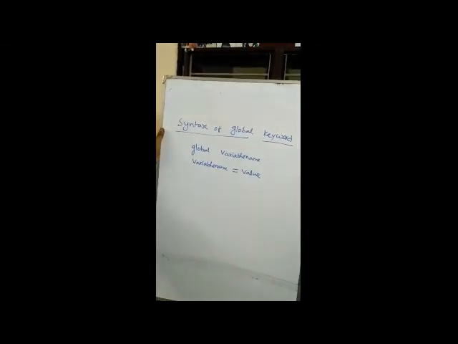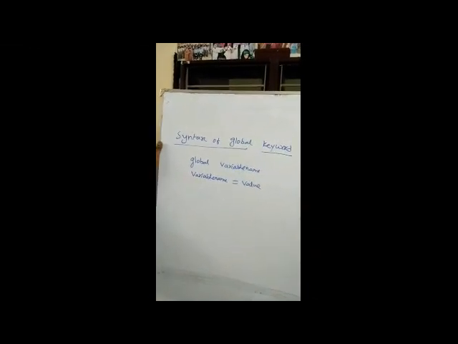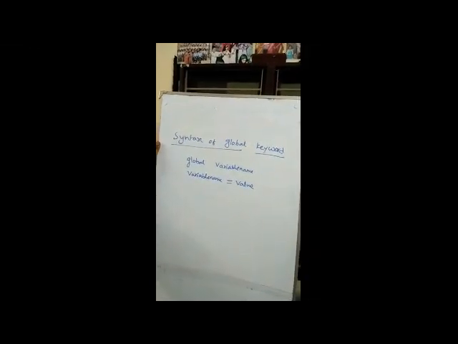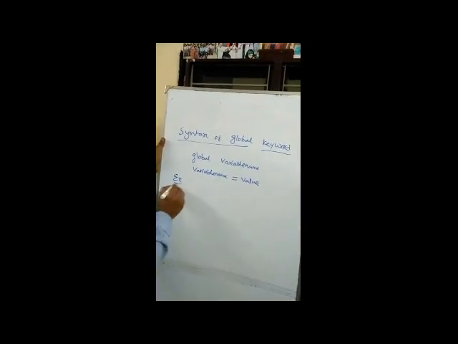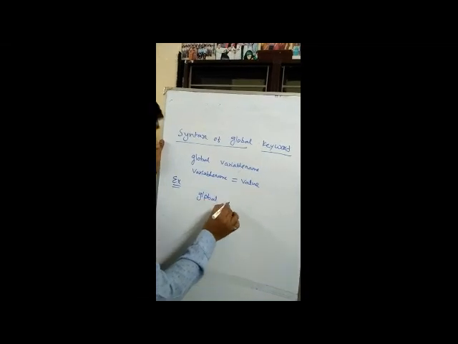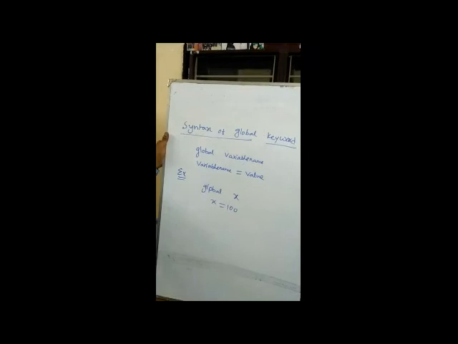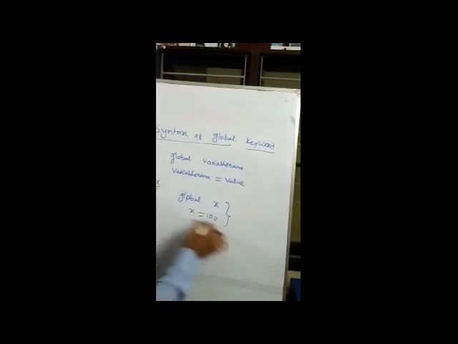In this way, we define the global keyword within the body of the function. Next example is global x, then x is equal to 100. This is the actual syntax of the global variable concept with the keyword global.